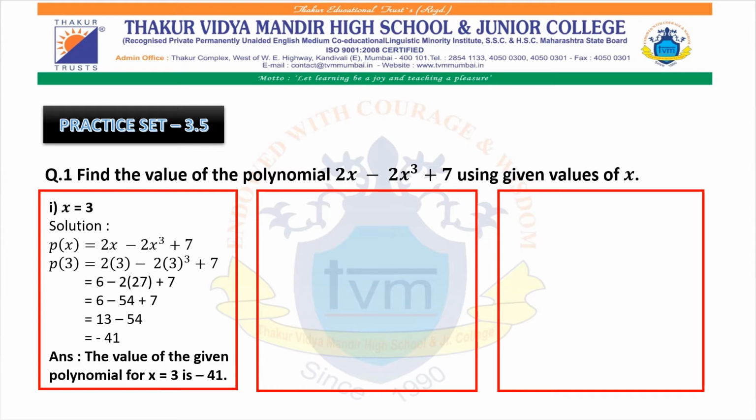So p of 3 is equal to 2 into 3 minus 2 into 3 cube plus 7, which is 6 minus 2 into 27 plus 7, which is 6 minus 54 plus 7, which is 13 minus 54, which is minus 41. So the value of the given polynomial for x equals 3 is minus 41.